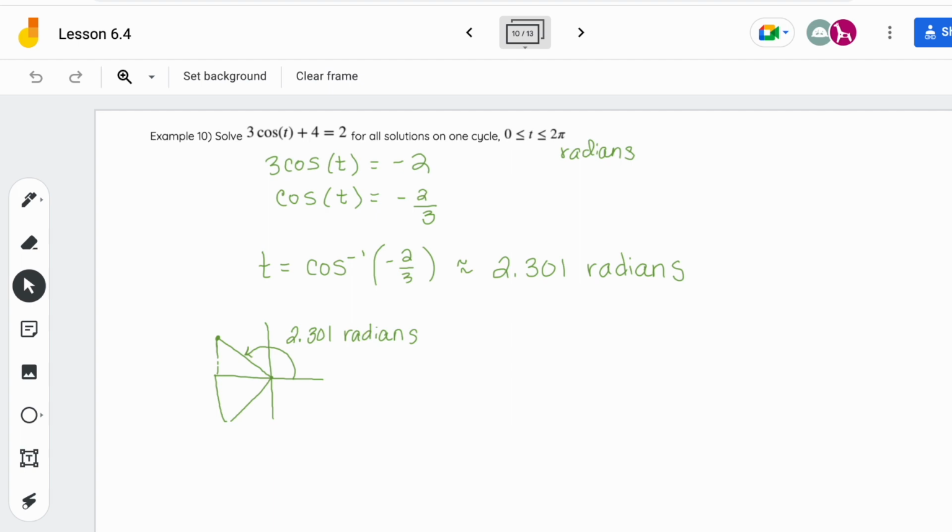I also know that from here to here would be negative 2.301 radians. So then I could identify the second portion by taking 2 pi minus 2.301 and receive approximately 3.982 radians.